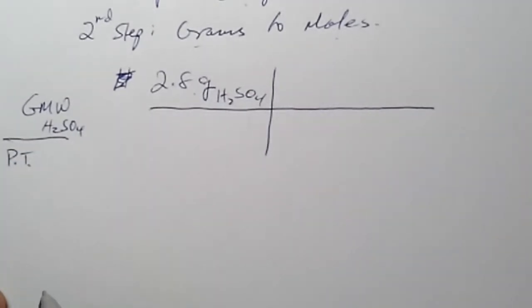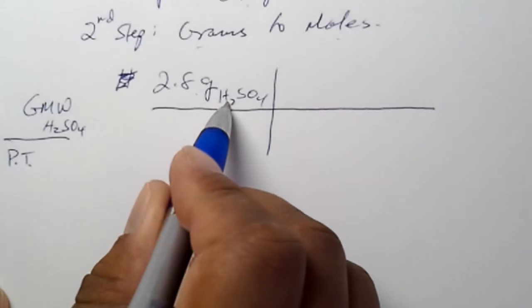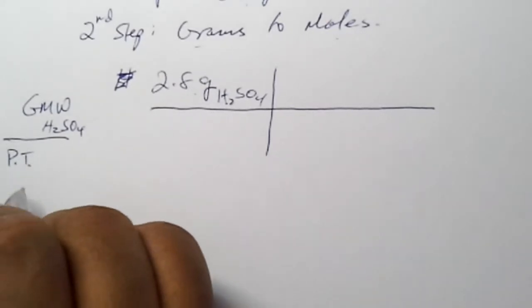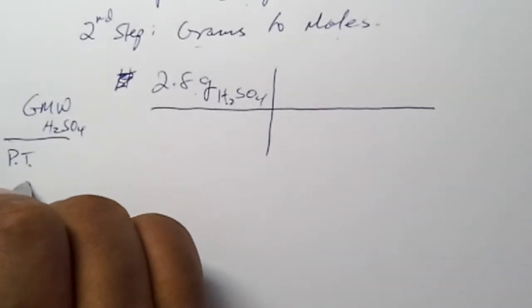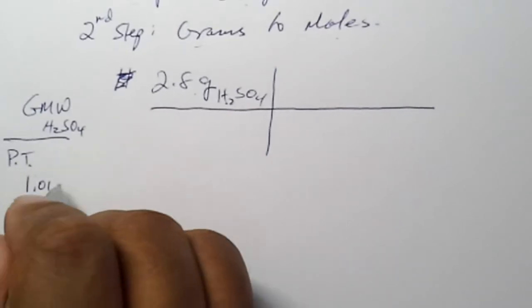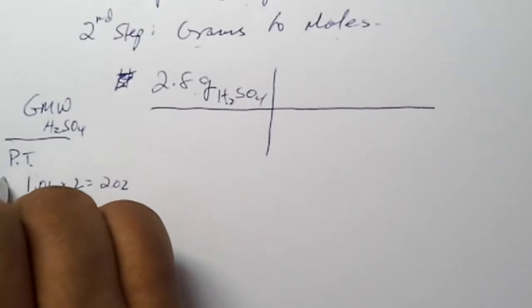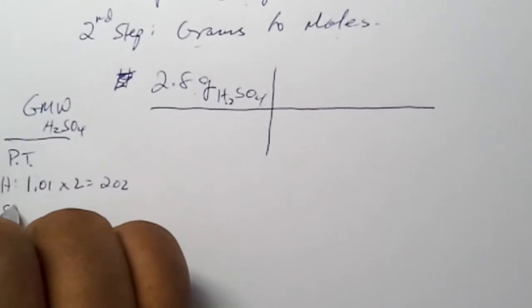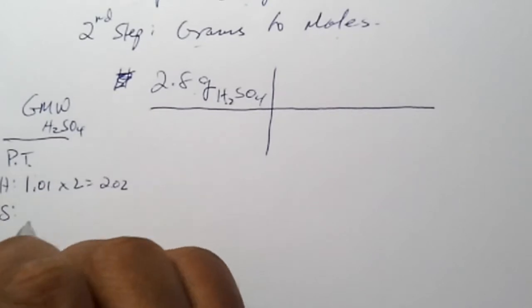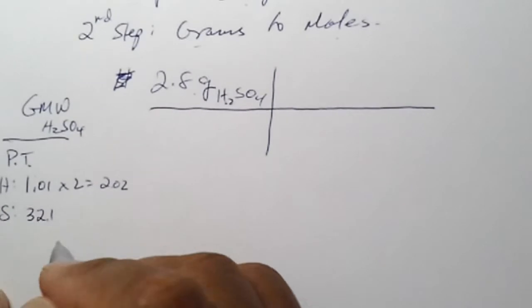Our periodic table tells us that sulfuric acid has 2 hydrogens. The atomic mass unit of hydrogen is 1.01, and we have 2 of them, so that gives us 2.02. What about the sulfur? The sulfur has an atomic mass unit of 32.1.